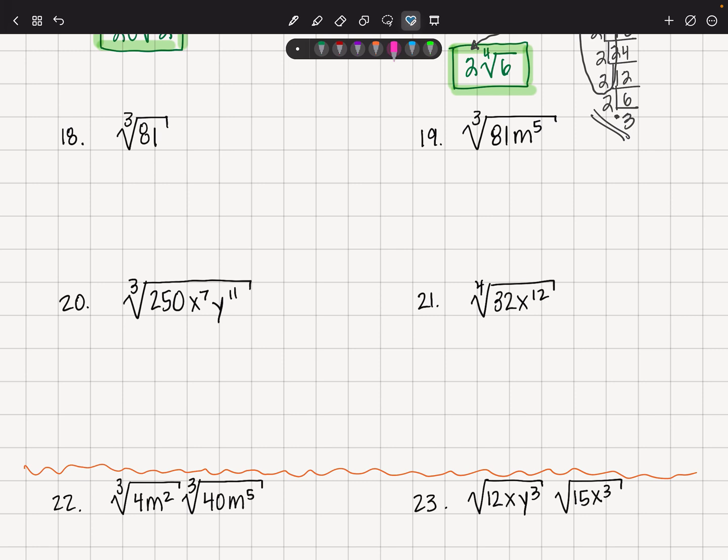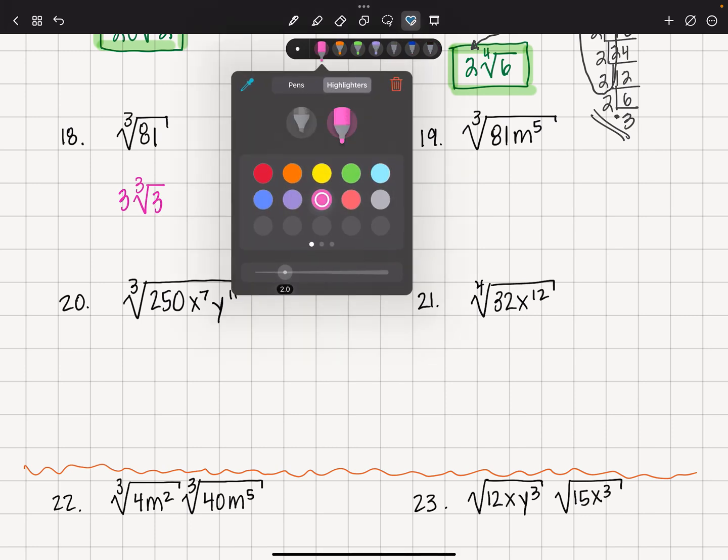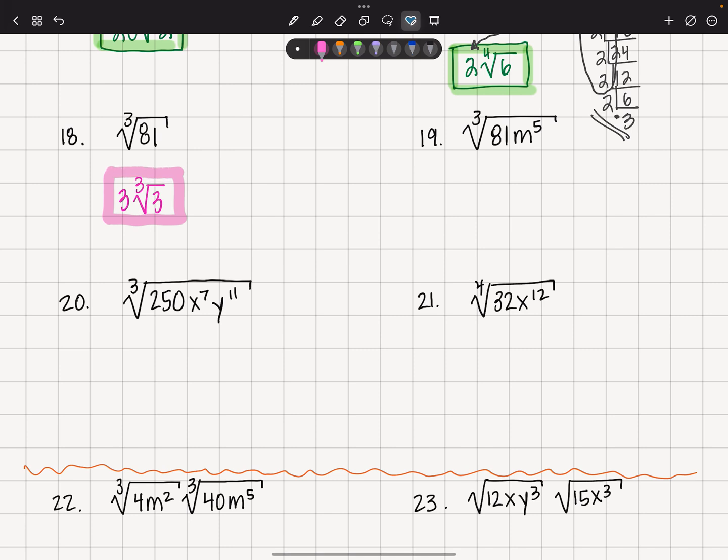Okay, our answers for 18 would be 3 times the cubed root of 3. For number 19, we would have 3m times the cubed root of 3m squared.